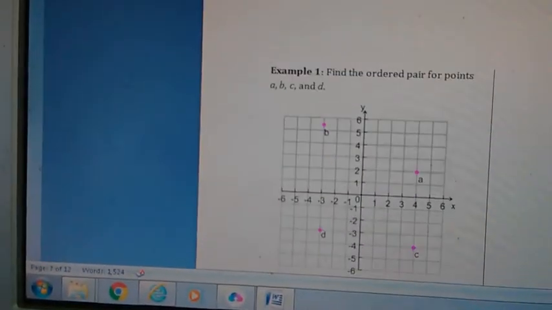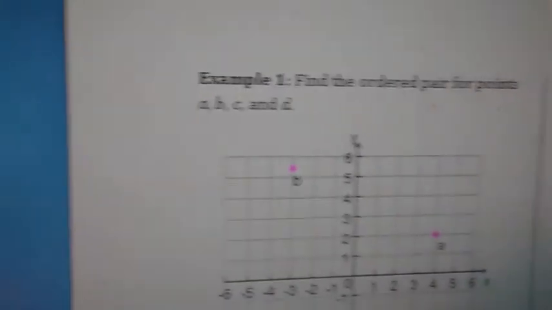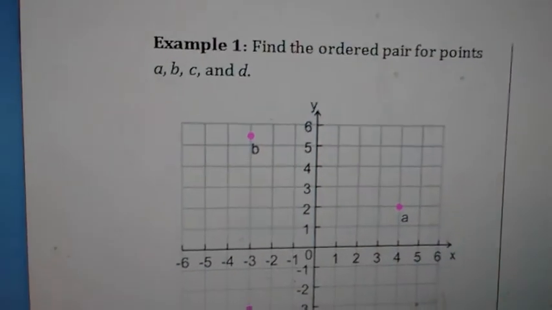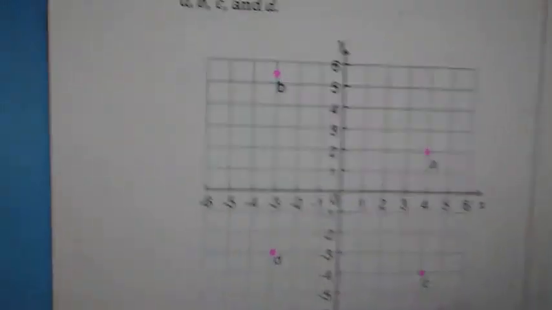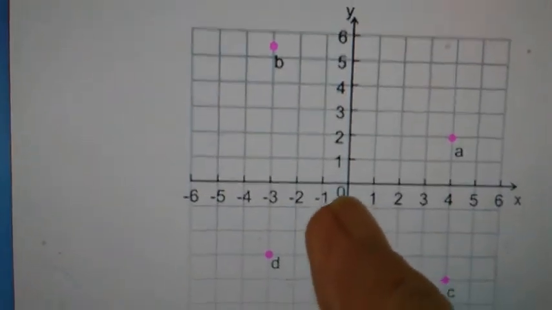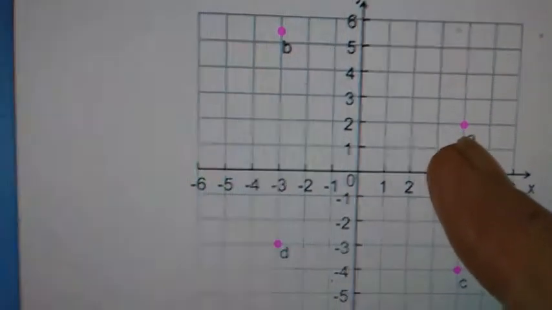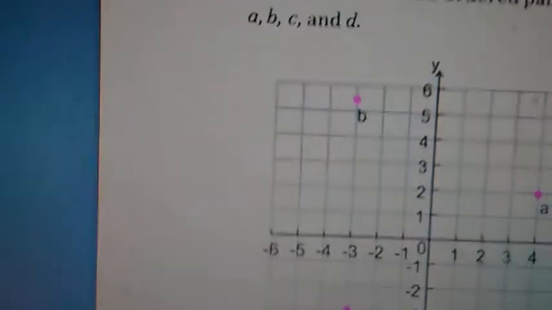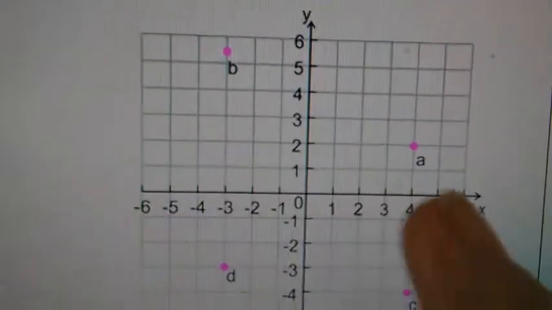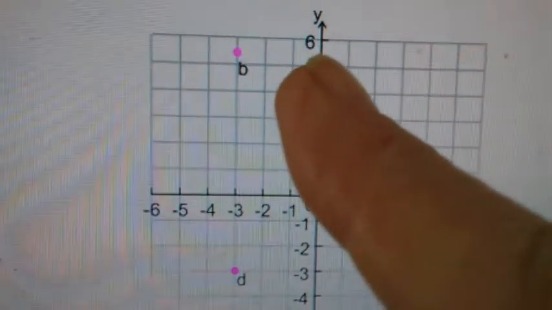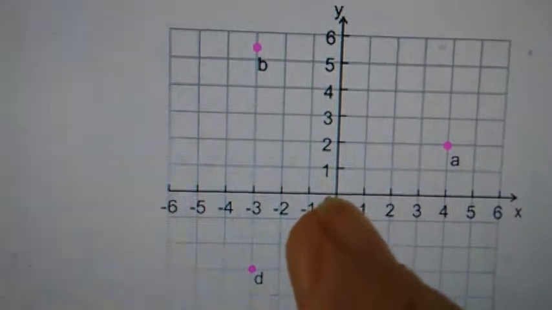Moving on. They give some examples. Example 1, find the ordered pairs for the points A, B, C, and D. So here's A. It's in the first quadrant. So you do the x first. 4 over, 2 up, 4 comma 2. The B would be 5 up. No, we do the x first, not the y.